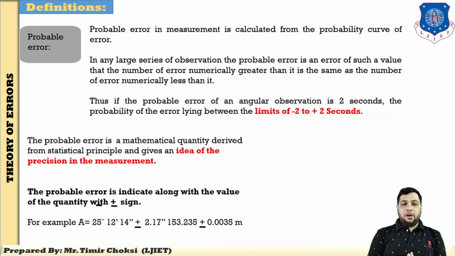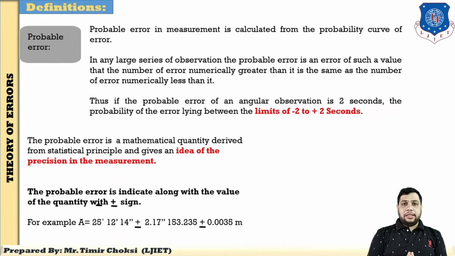So the probability of error lying between the limits of -2 to +2 seconds.